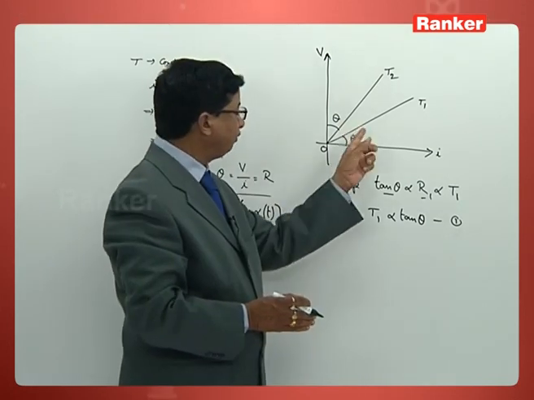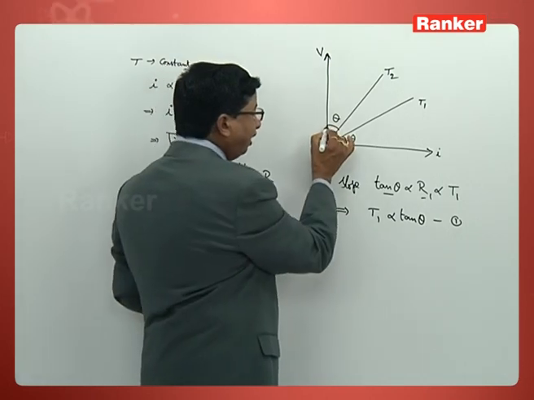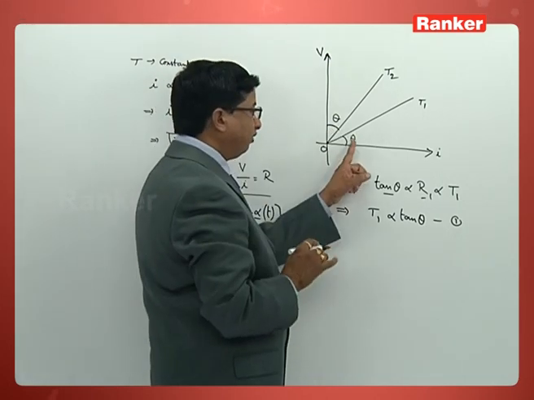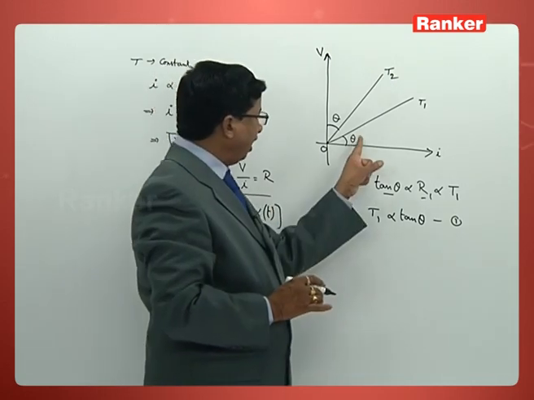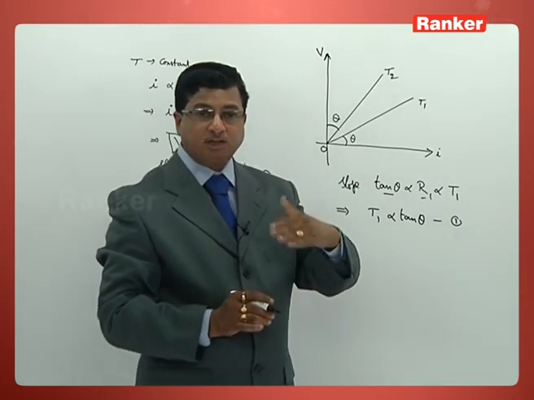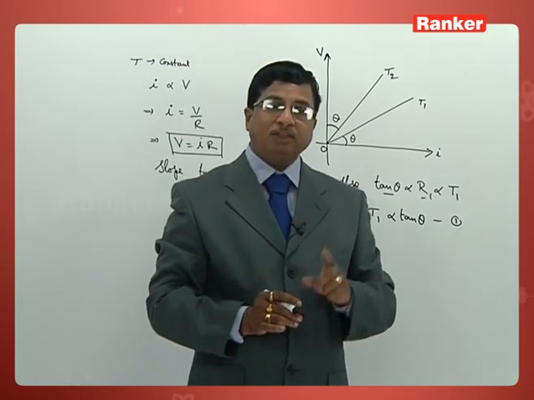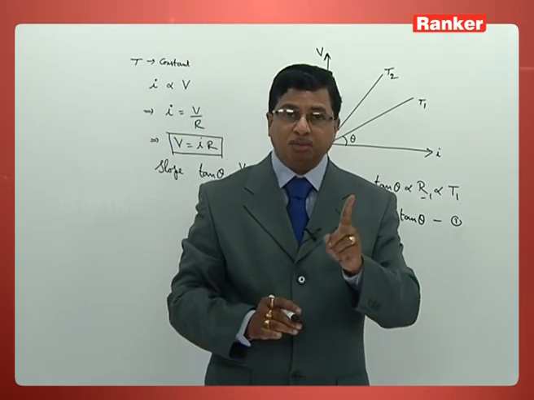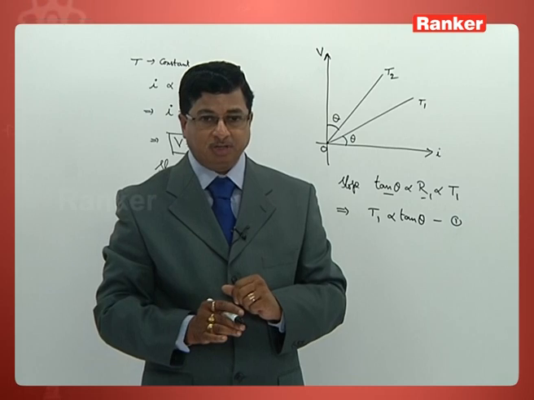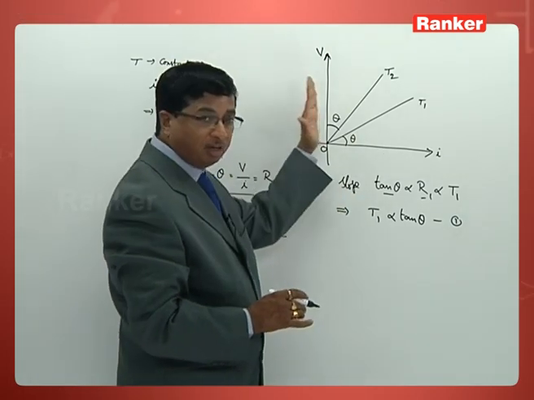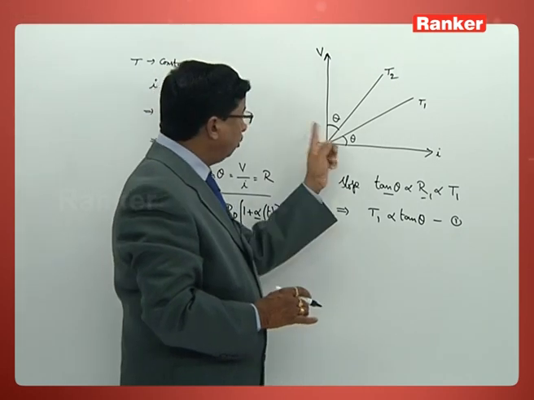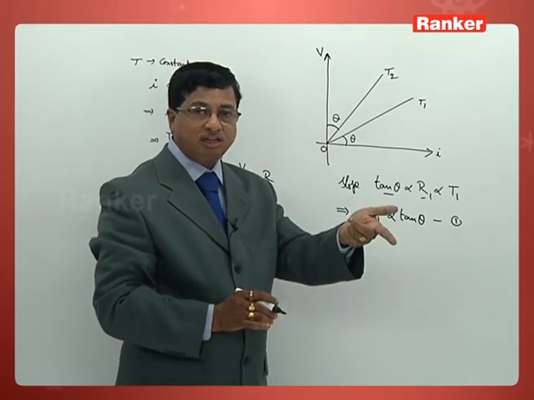This is angle theta. I have made it very clear in the beginning: if the angle is given with respect to horizontal, then tan theta becomes the slope. When theta is given with respect to the vertical, then the slope becomes cot theta.